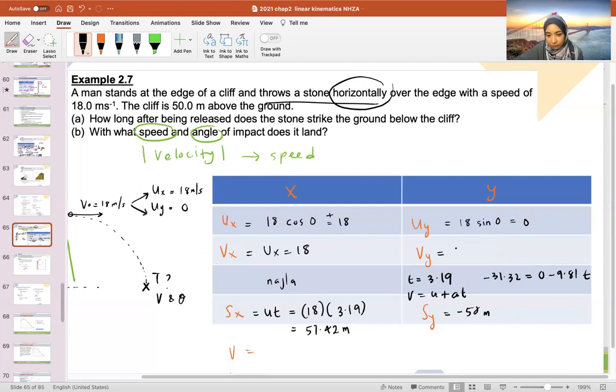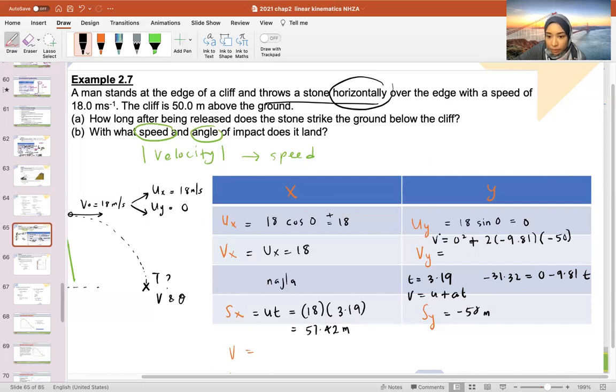0 squared plus 2 multiplied by negative 9.81 and multiplied by negative 50.